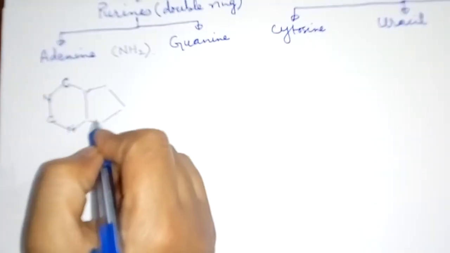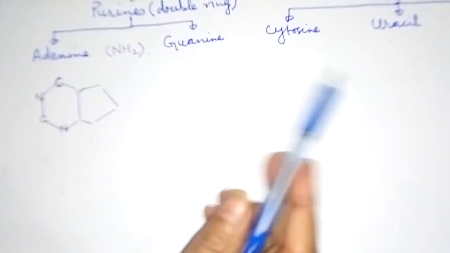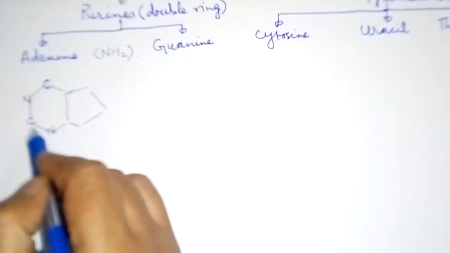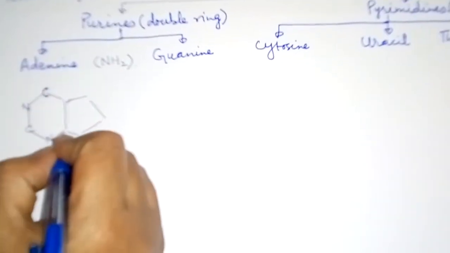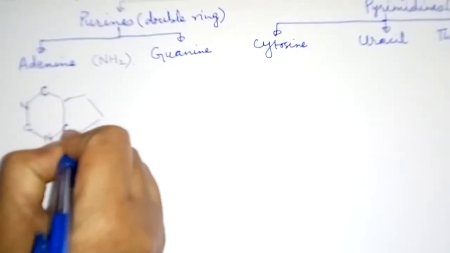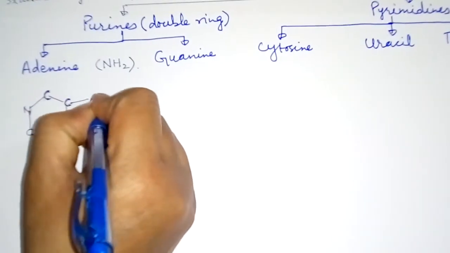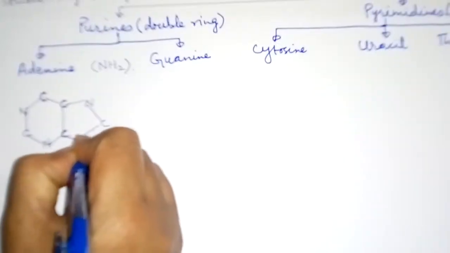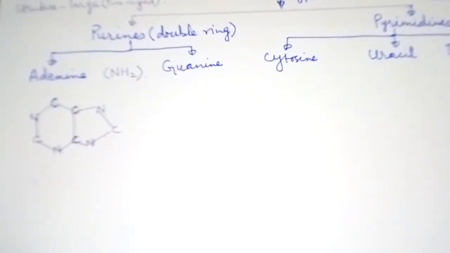Always remember this, whether it is purine or pyrimidine. In the hexagonal structure, on its left side there is carbon and carbon. So at this side there will be carbon and carbon, then nitrogen, carbon and nitrogen. In this way the internal structure is completed.